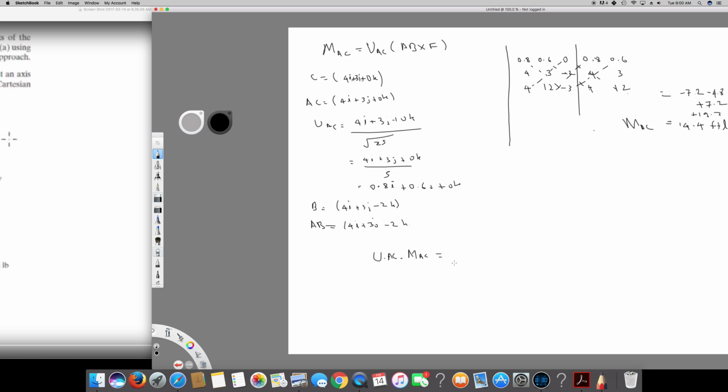If I multiply this number by 0.8 first, 14.4 times 0.8 is 11.52i, plus 14.4 times 0.6, which is 8.64j, plus 0k.